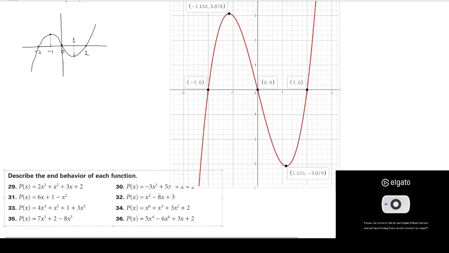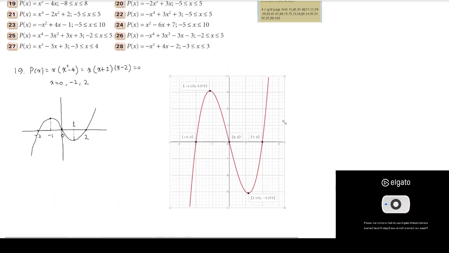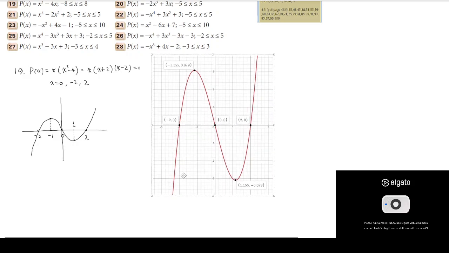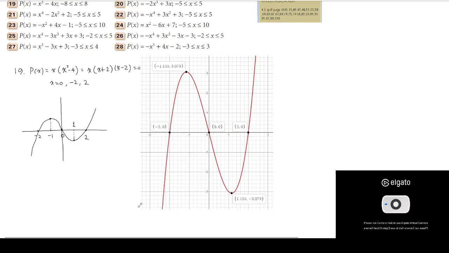So this is the Desmos output for this graph. I try to label the x-intercepts, local maximum, and local minimum. And look at this.